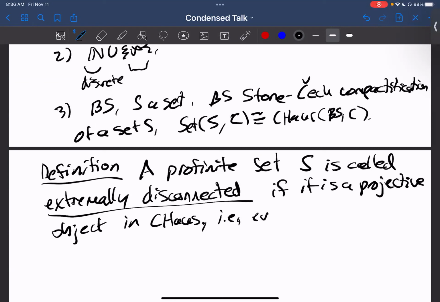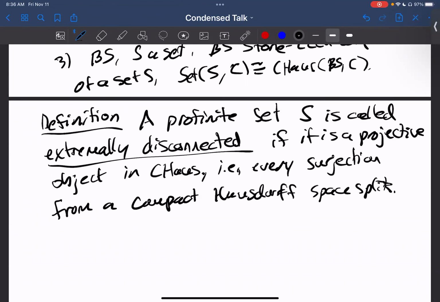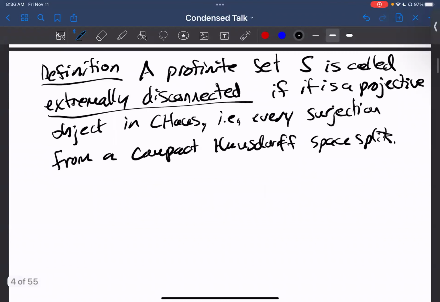This means that every surjection from a compact Hausdorff space splits. You can also equivalently define this as a profinite set where the closure of every open is open, but that definition is less useful and it takes a little bit of work to show that they're equivalent. So I don't think we'll ever actually need it. So we're just going to stick with this definition here.